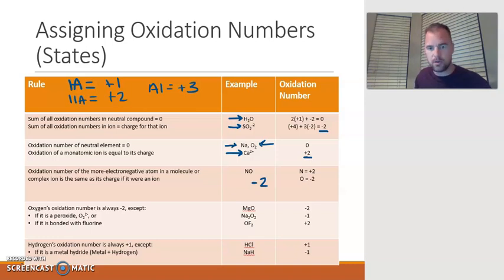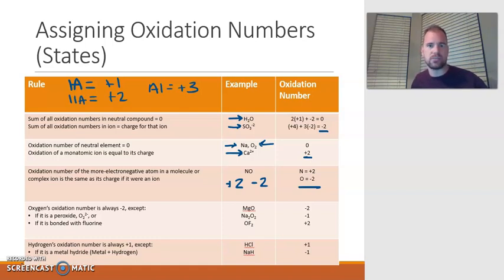The oxidation number of nitrogen in this particular compound must be +2 because there's one nitrogen and one oxygen, and together they have to equal 0. And that's what you see over here to the right. So that's the rule there: the more electronegative element gets to keep its normal oxidation number. Oxygen is probably the most common element you'll see pop up all the time, so it's good to know the oxygen rule. Pretty much oxygen is always going to be -2.